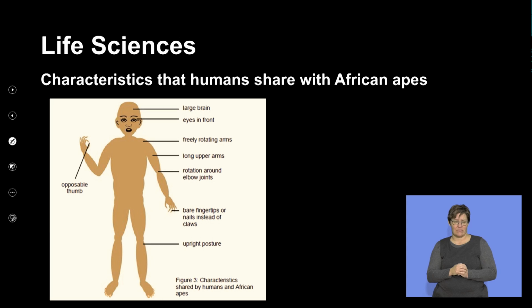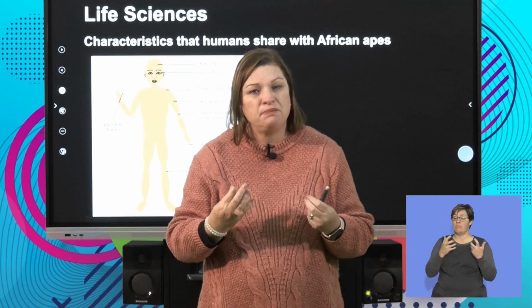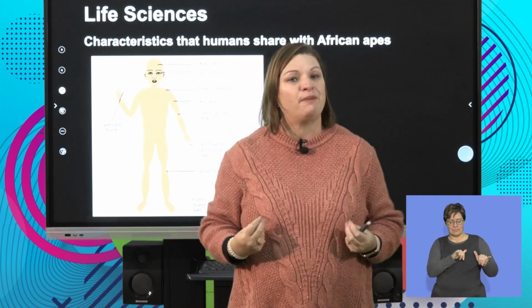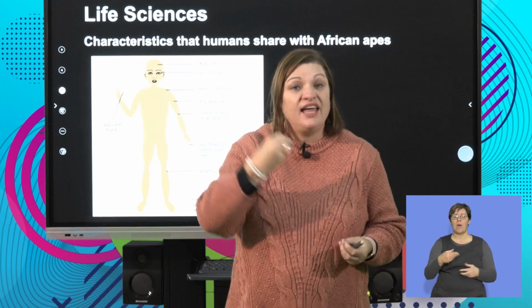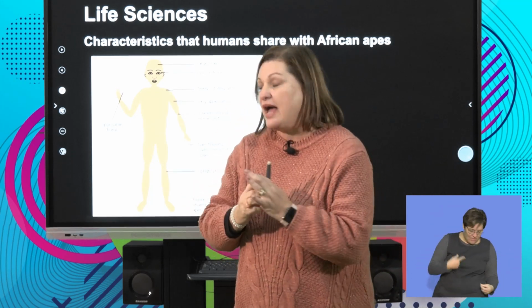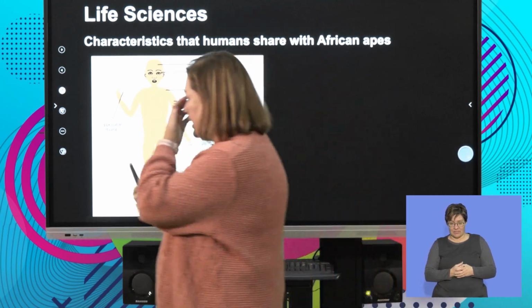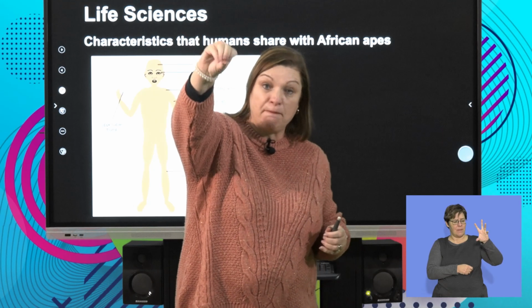Okay, why do we belong to the primates? Let's have a look. We belong to the primates because we have things in common. Not because I'm a monkey or a great ape. I have characteristics in common with them. What do I have in common? Let's have a look over here. I have an opposable thumb. All right, I can pick up things.